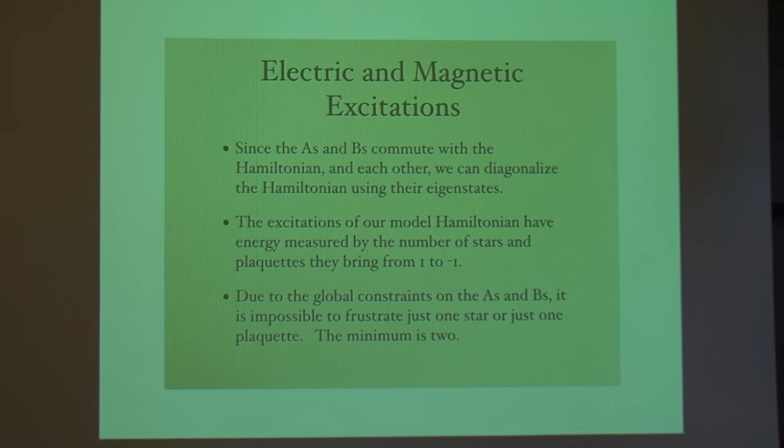So now we get to the excitations, which is the interesting bit for us. Since the A's and B's commute with the Hamiltonian and with each other, we can diagonalize the Hamiltonian using their eigenstates. We've already analyzed that the ground state is 4-fold degenerate. And then the excitations will be things that have a minimal number of those spins disturbed, okay?